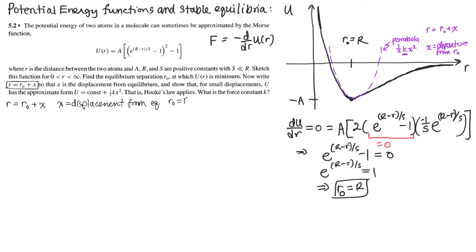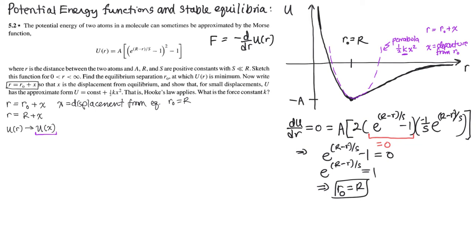And remember that equilibrium is capital R, where r equals capital R. So we're going to use this x variable to represent our displacement from our minimum of our potential. And so our goal is to take this potential u of r and express it instead in terms of a potential with respect to x. And that potential with respect to x is what's going to give us the purple parabola that we drew already.